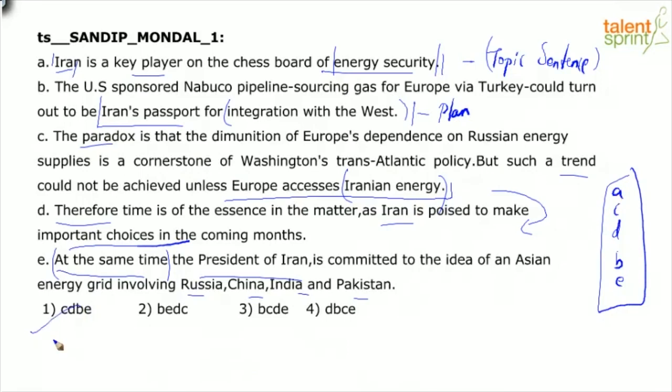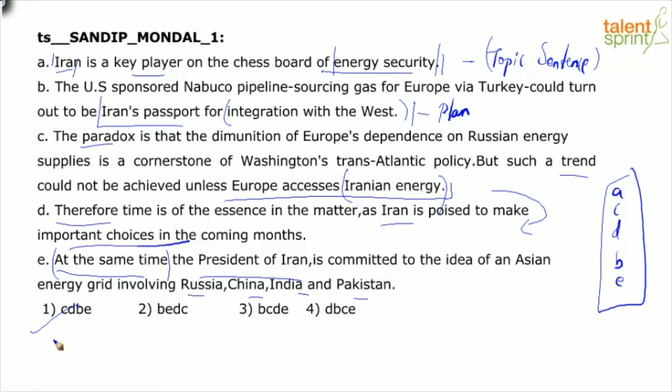I think the key is to understand what a paradox is. A paradox is basically something that contradicts, because both the situations are true. So it can be true and it cannot be true at the same time. That's a paradox, right? So in this context, the paradox is that the diminution of Europe's dependence on Russian energy supplies is a cornerstone, meaning foundation, of Washington's transatlantic policy, but such a trend could not be achieved unless Europe accesses Iranian energy.